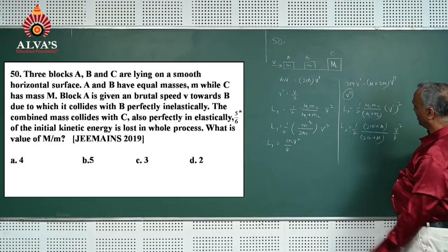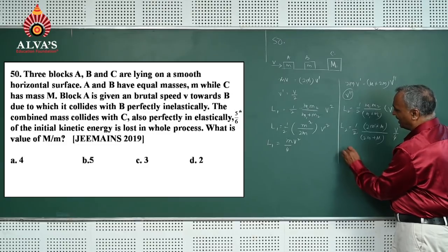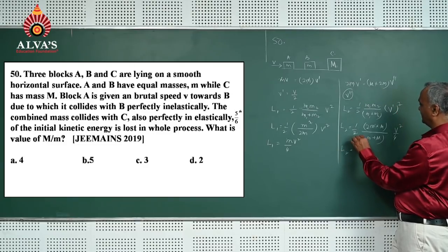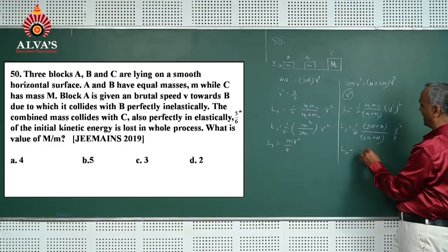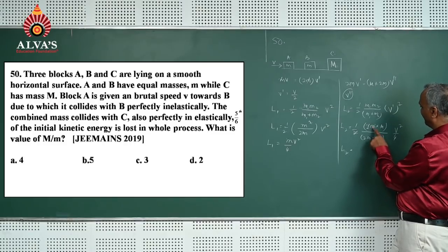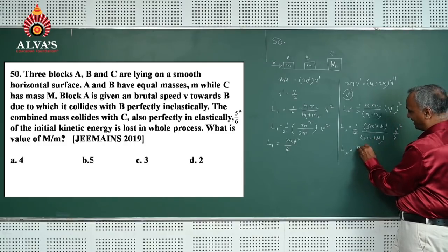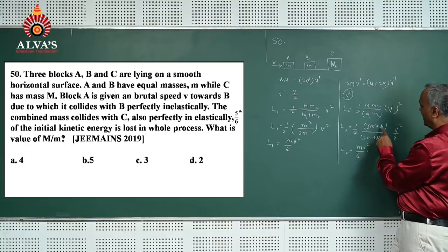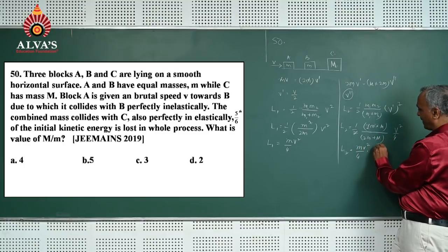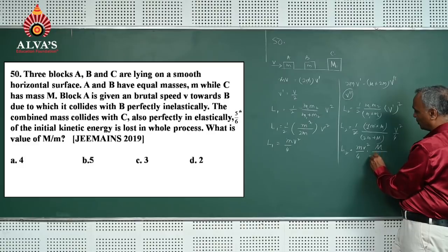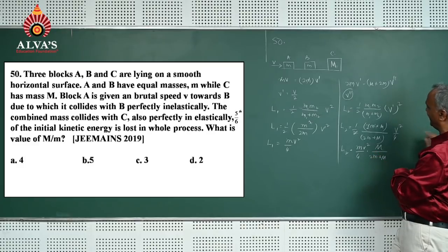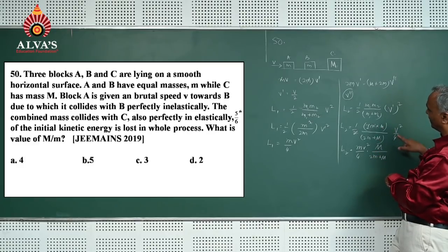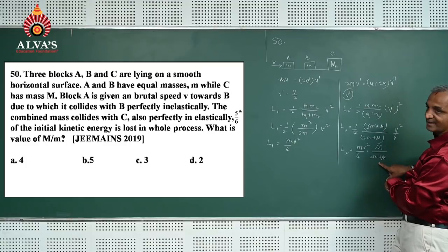So L2 will be equal to, this half and half cancels, 2 cancels, it becomes mv square by 4, I'll take separately, and the remaining thing is capital M divided by 2m plus M. So mv square by 4 and M by 2m plus M is remaining.